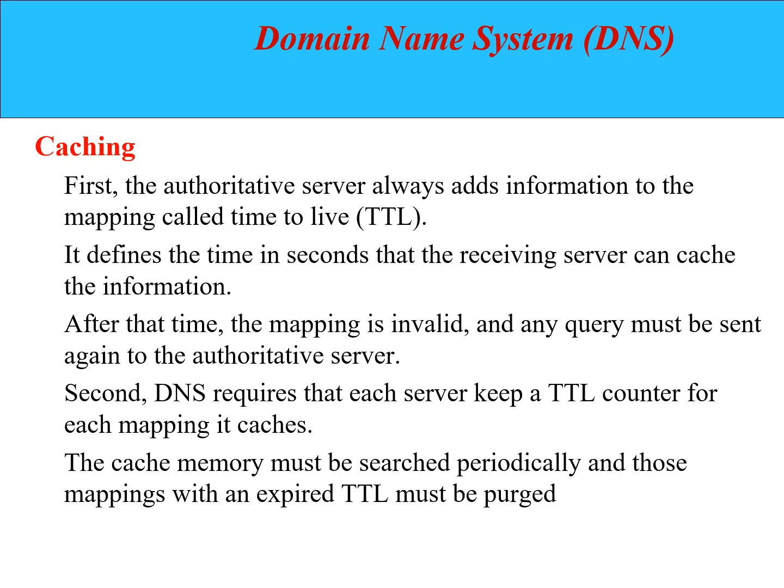After that time, the mapping will be invalid and any query must be sent again to the authoritative server. The next feature that they have added is called your TTL counter. DNS requires that each server keep a TTL counter for each mapping it caches. The cache memory must be searched periodically and those mappings with an expired TTL must be purged.